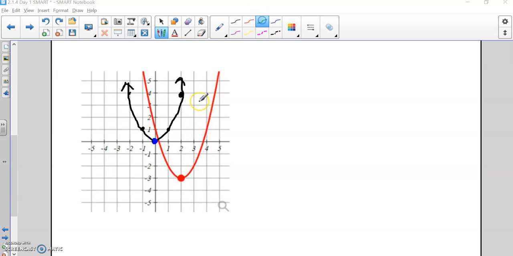Well, we definitely ended up moving down. We went from 0 down to, looks like -3 is where that red one is. So I'm going to say down 3. That tells me I have a k value of, you guessed it, -3.